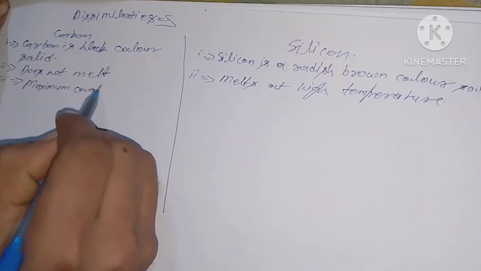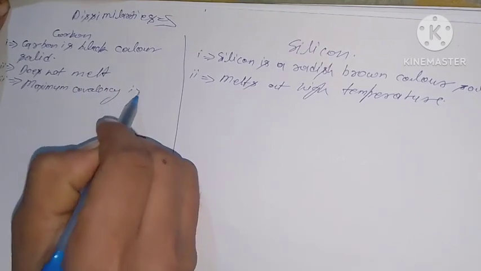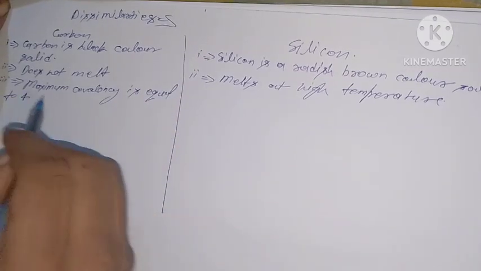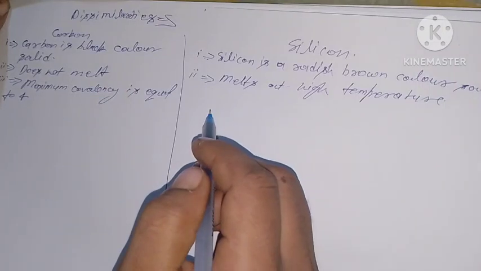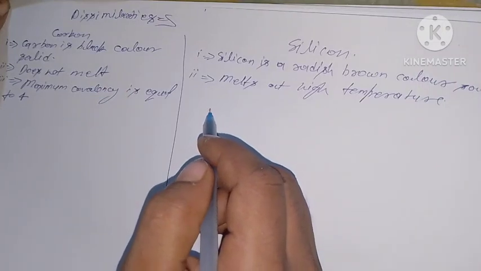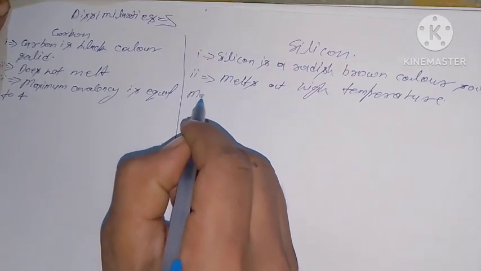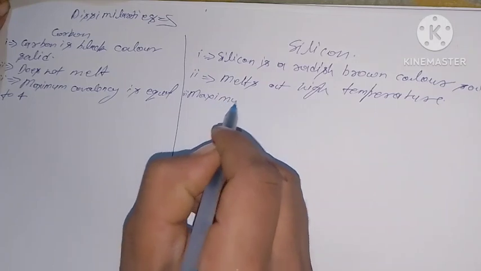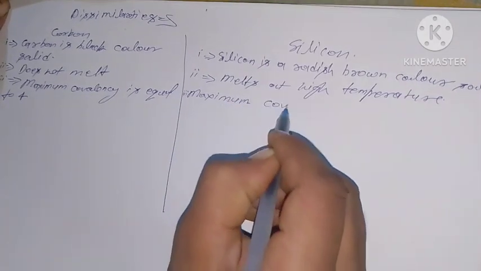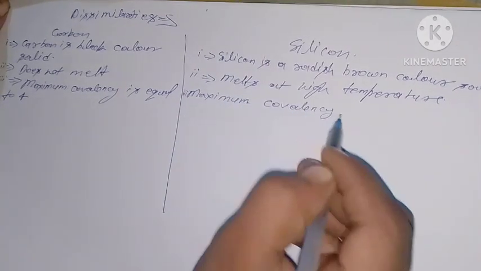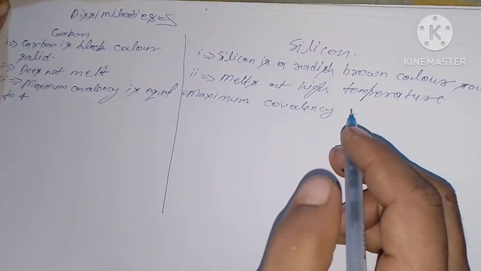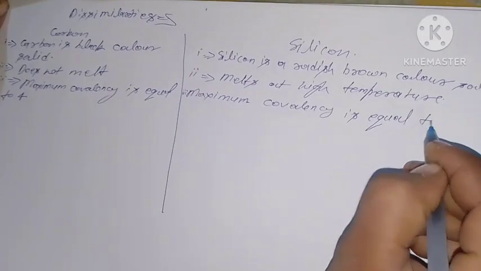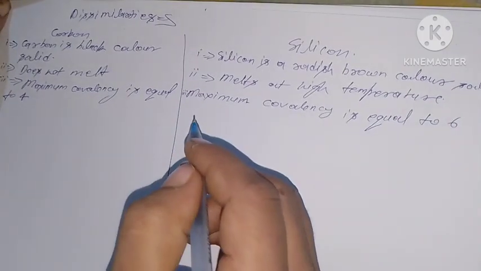The maximum covalency of silicon is equal to 6.